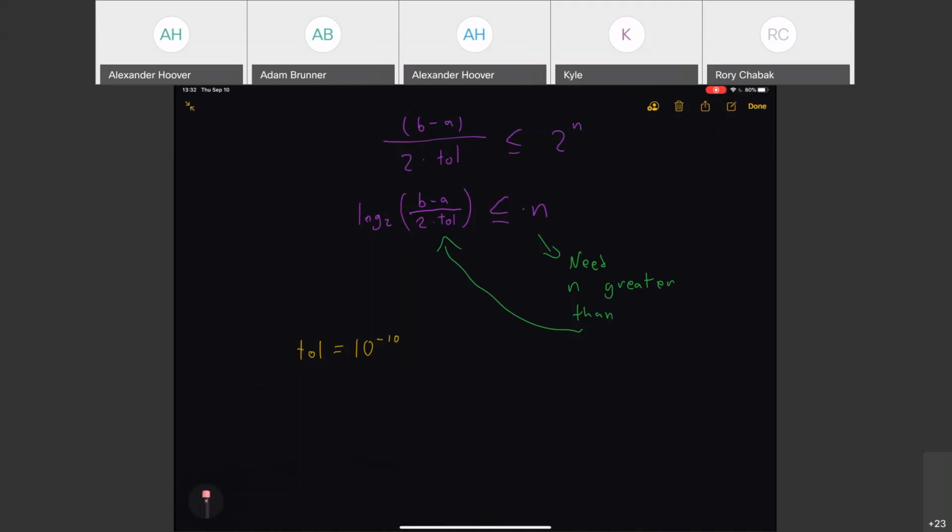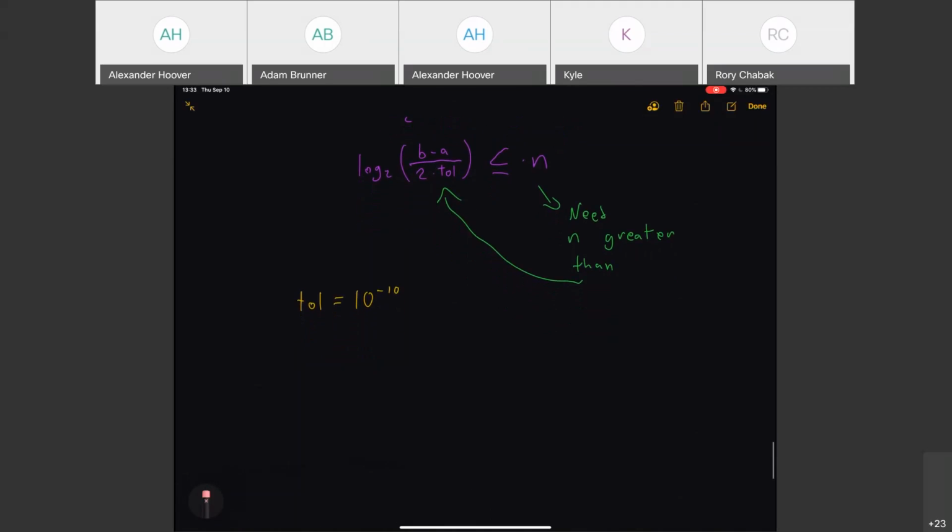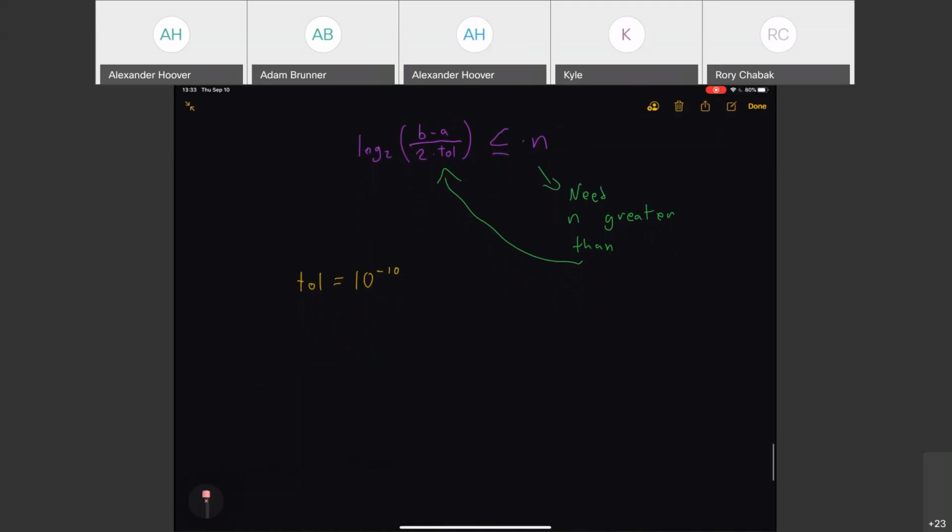There we go, machine epsilon. You don't want to go below 10 to the negative 16, because at that point there's too much accumulated error. Anyway, let's keep going. I just wanted to make sure these things are on the back burner.